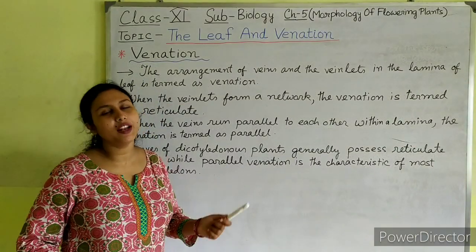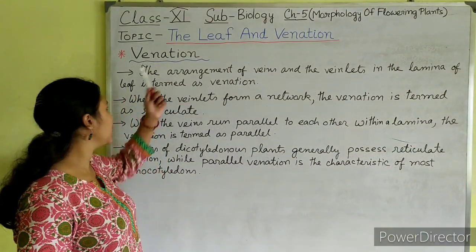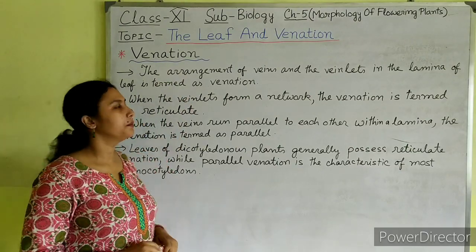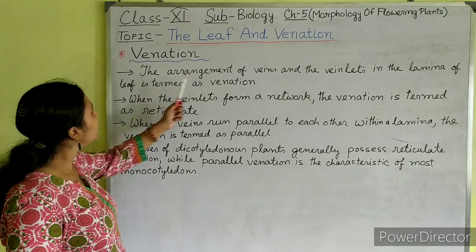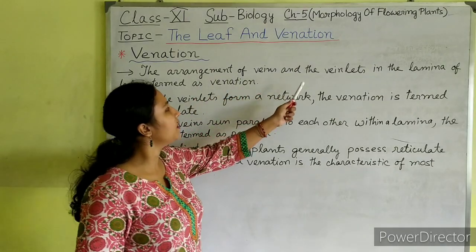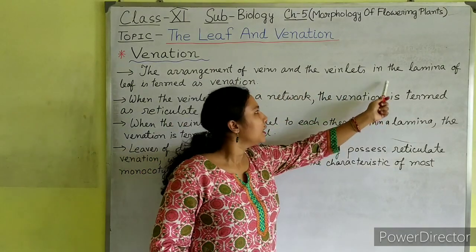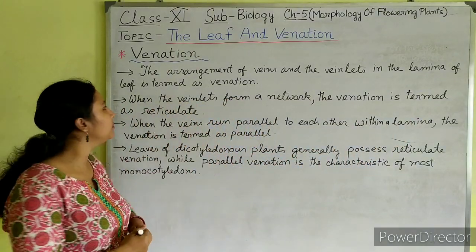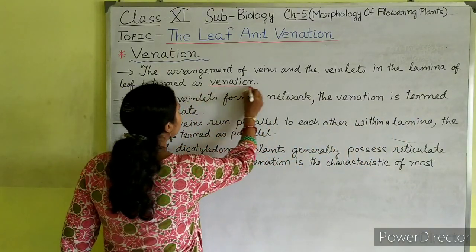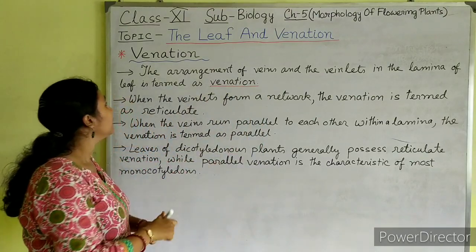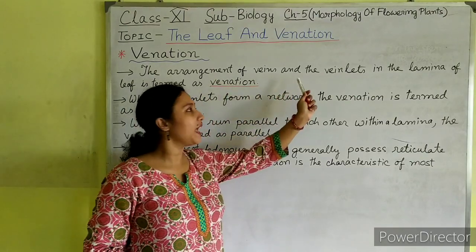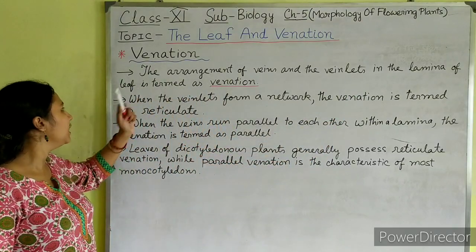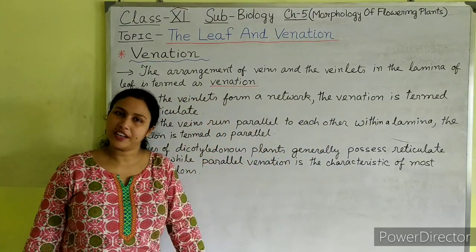Now students, we will learn about venation. Venation in case of leaves. The arrangement of veins and the veinlets in the lamina of leaf is termed as venation. I repeat, the arrangement of veins and the veinlets in the lamina of leaf is termed as venation.